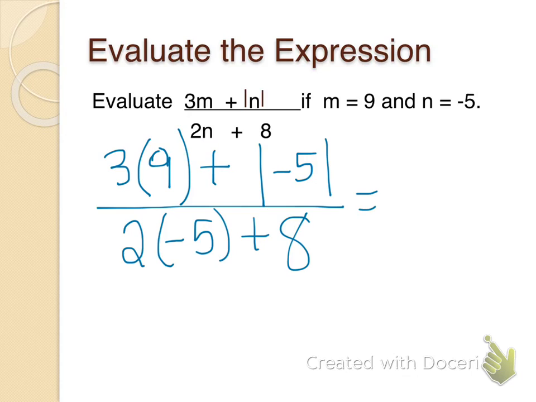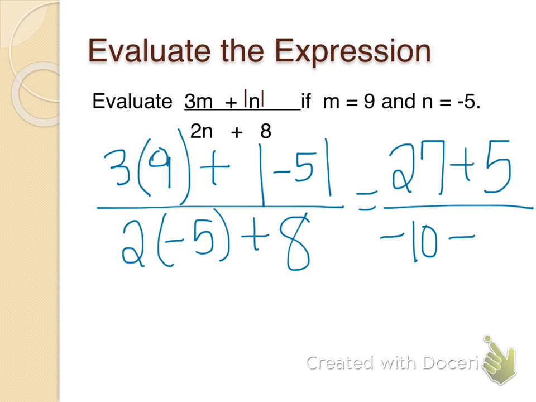Alright, simplifying. 3 times 9 is 27. Plus, now the absolute value of -5, just like on the last slide, how many spaces is -5 from 0? Positive 5. 2 times -5 is -10 plus 8.